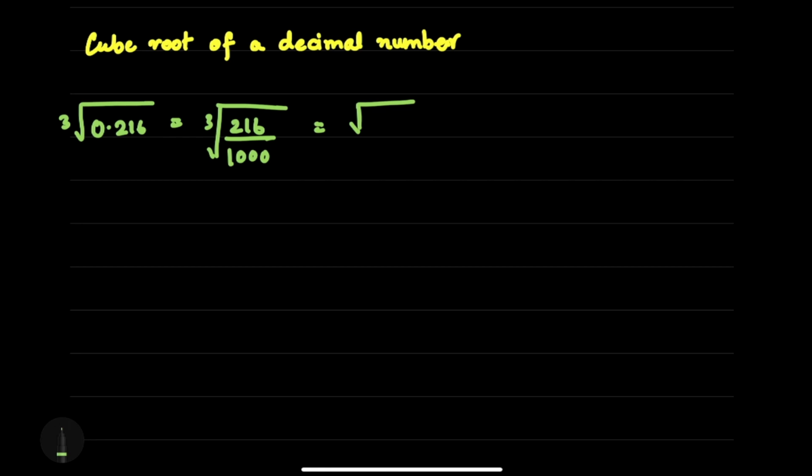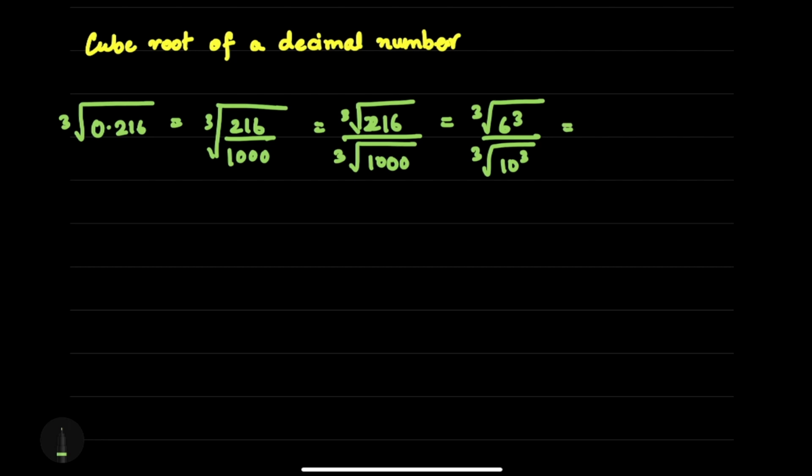And then again, as we did it previously, we'll have cube root of 216 and cube root of 1000. So from our table, we already know that this is the cube root of 6. And from our table, we also know that this is the cube root of 10. So we have 6 by 10, and we can simplify this as 3 by 5 or 0.6. So that's our cube root.